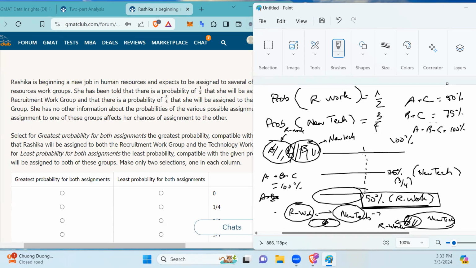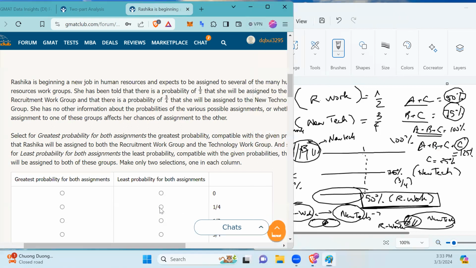So if we add these two, it would be A plus B plus C and then plus another C, and that would be 125%. Right? So this is an addition. It has an additional C compared to this, so we can calculate C as equal to 25%. So that's 1/4. Yeah. Okay.